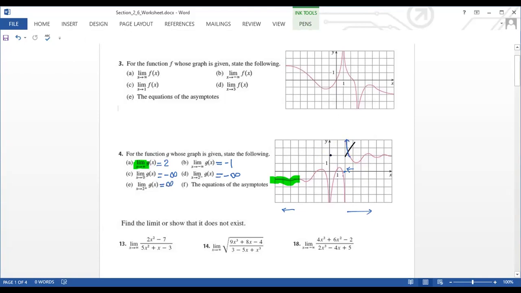Now here we see we have some horizontal asymptotes and some vertical asymptotes. Let's write it.